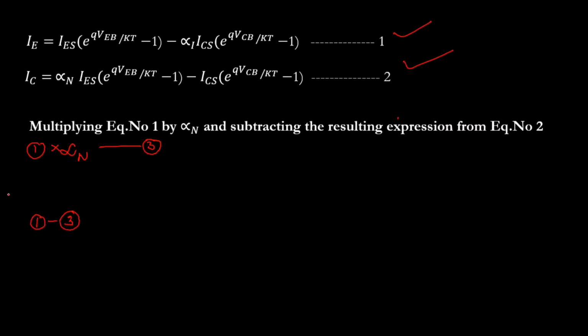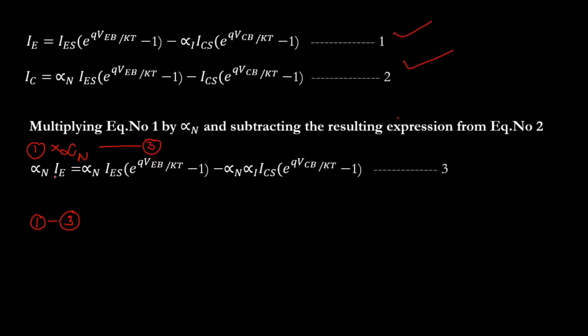If I am multiplying equation number 1 with alpha n, then alpha n IE is equal to alpha n IES e to the power q VBE by KT minus 1, minus alpha n alpha I ICS e to the power q VCB by KT minus 1.